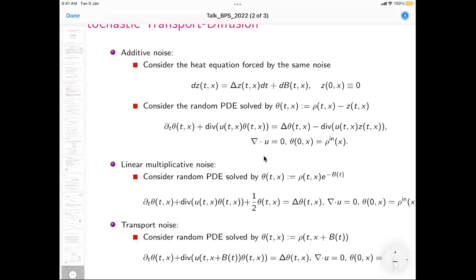So in other words, if I write rho to be theta plus z, I can actually get an equation for z, right? And then whatever is left, I get an equation for theta, but this is a random PDE because z is coming here. Z is taking care of the stochastic part.